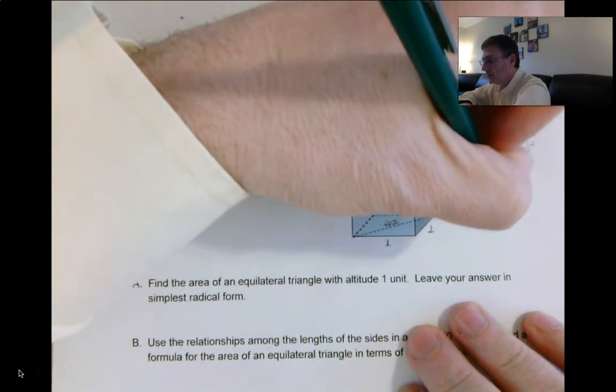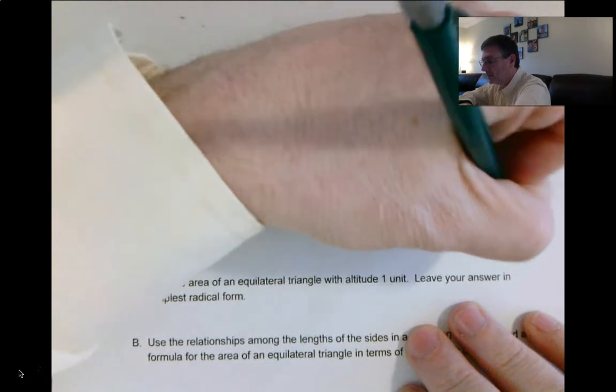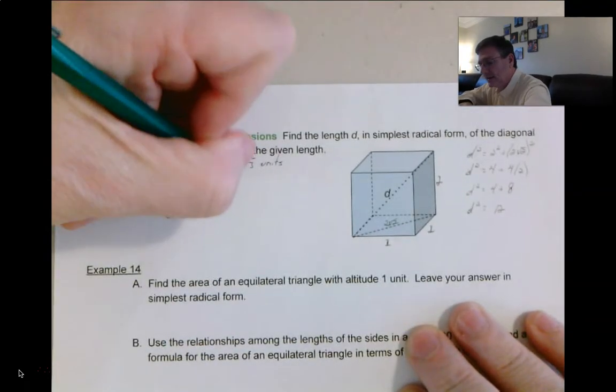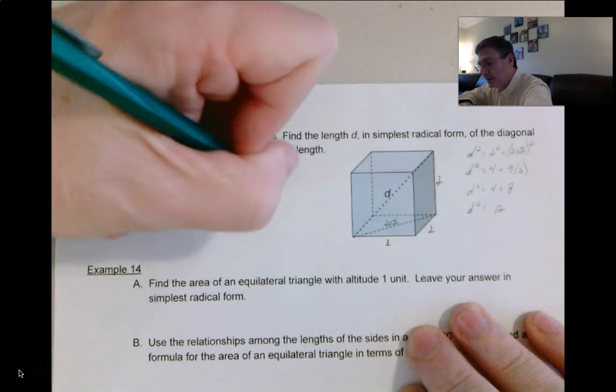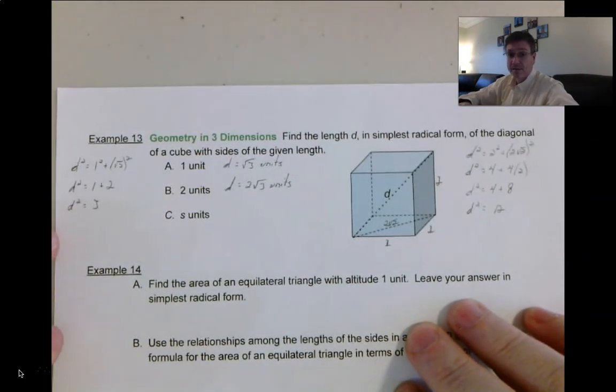D squared equals 4 plus 8. D squared equals 12. D equals, write it over here. This time D is equal to 2 square root 3 units. I'm seeing a pattern.